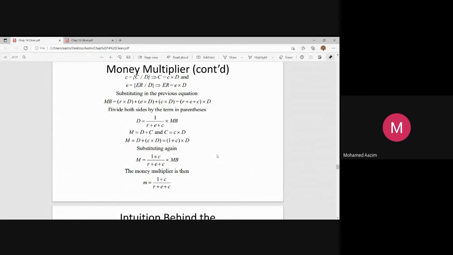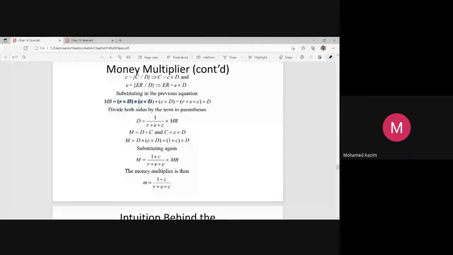In the case of excess reserves, it is excess reserve ratio, that is small e, times deposits. And in the case of currency, it is currency ratio, that is small c times D. So all these variables expand the C plus R within the monetary base that we are studying.